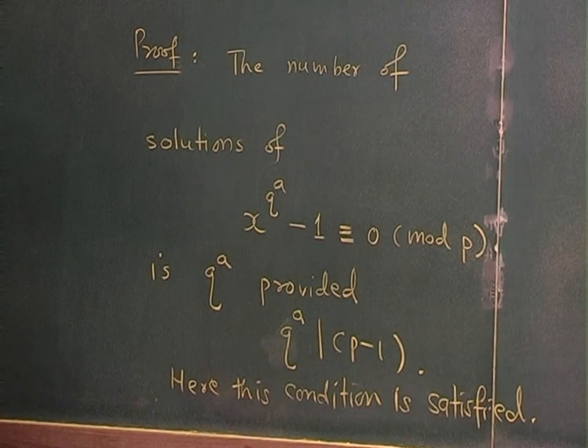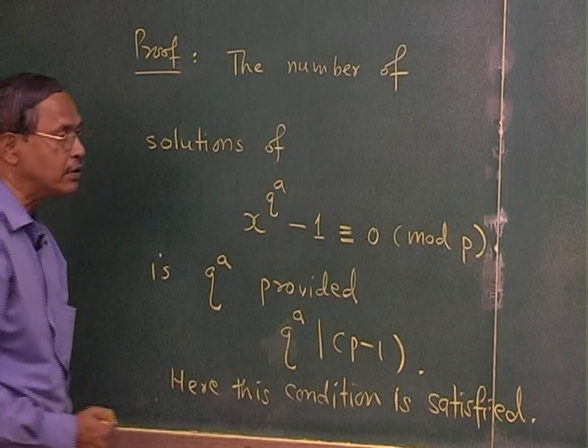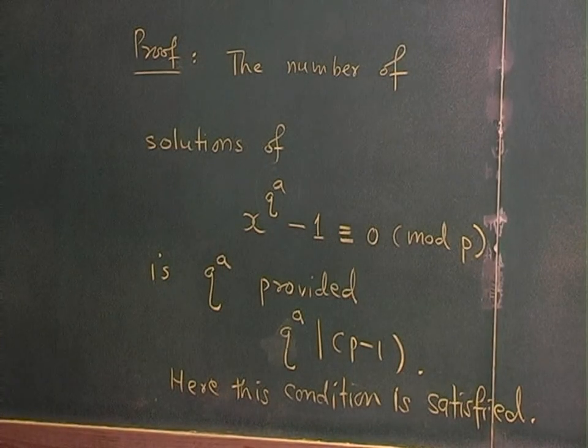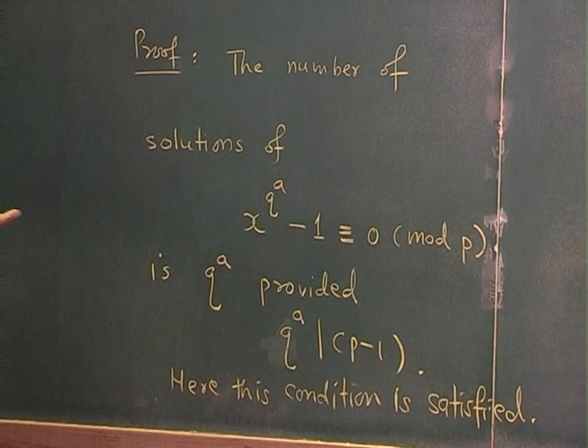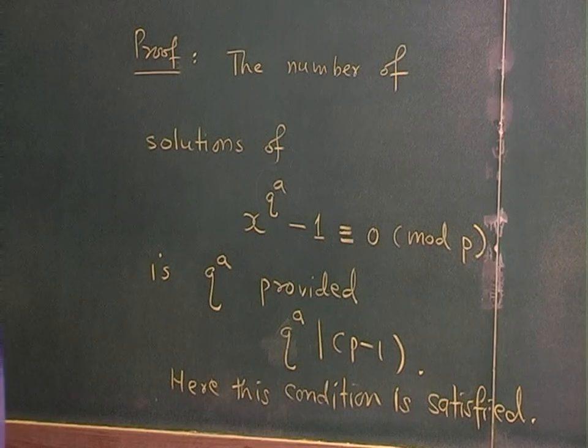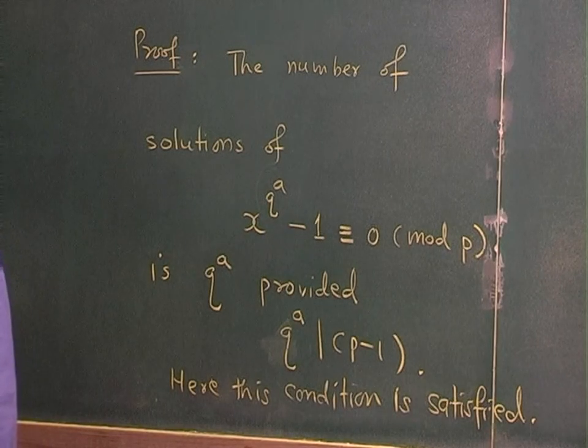If that element is b, then order of b will divide that number d. What is the meaning of an element of order q raised to a? We want to find out number of elements of order q raised to a. So b is such an element, means b raised to this power q raised to a should be congruent to 1 mod p, but no lower power.